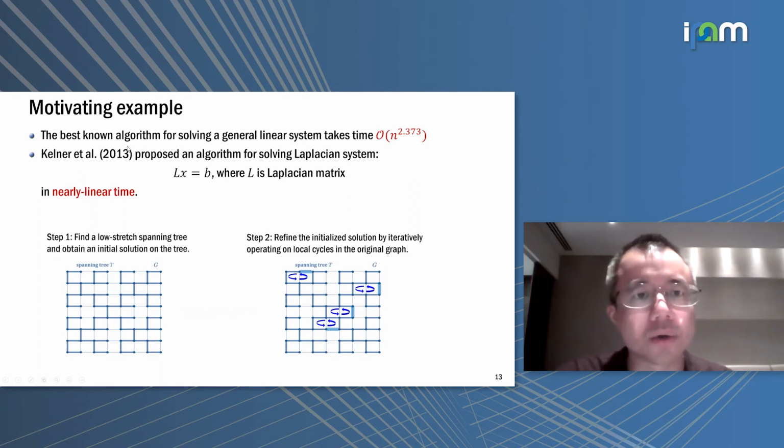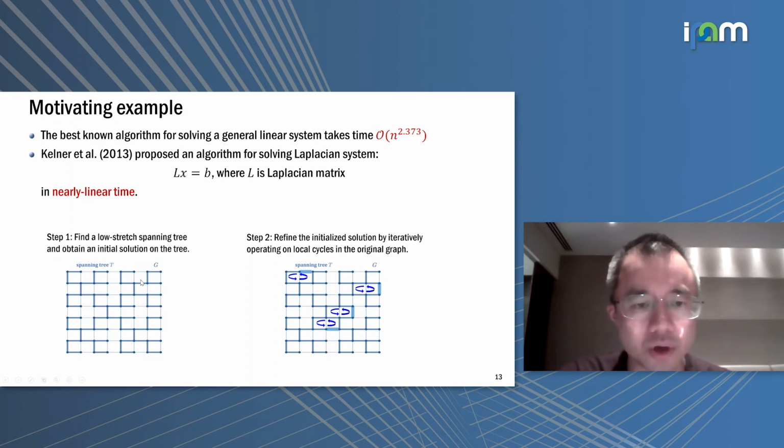If it's just a general problem, the best known algorithm for solving a general linear system is n to the power of 2.373. But Kelner et al. designed a very smart algorithm which can solve the problem in near linear time. The high-level idea is you take a graph and approximate it by some kind of tree structure, called a low stretch spanning tree.